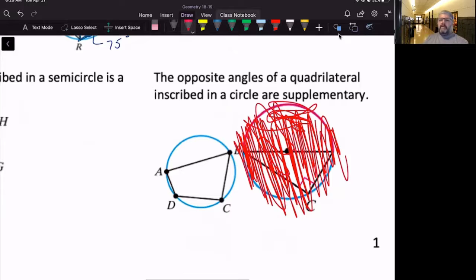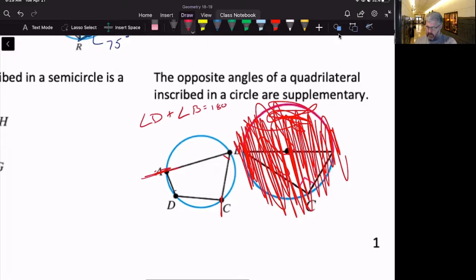Opposite angles of a quadrilateral inscribed in a circle are supplementary. So for this one, angle D plus angle B equals 180. The reason for that is if we look at angle B here, it cuts off the arc from A to C going that way.